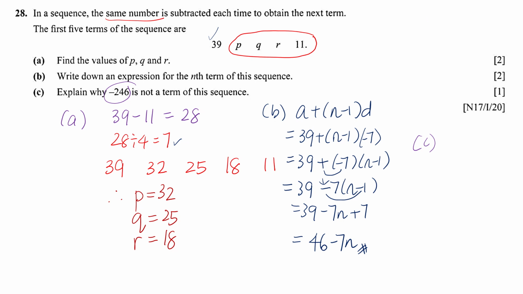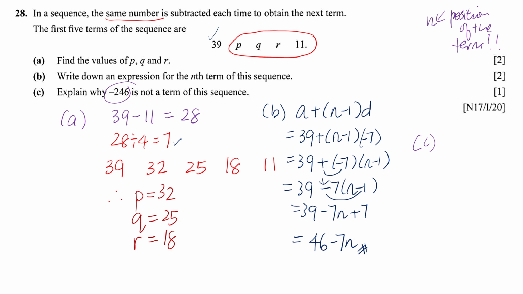But your n represents the position of the term, so the minimum value for your n has to be 1. That's n equals to 1, n equals to 2, n equals to 3. So you must understand the properties of this variable n. It must be an integer greater or equal to 1.